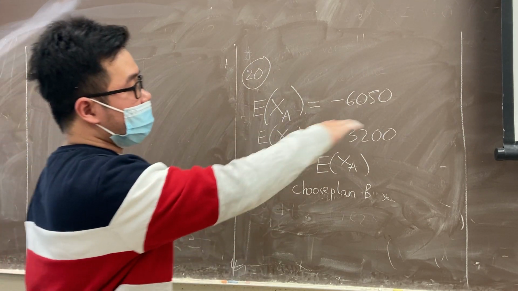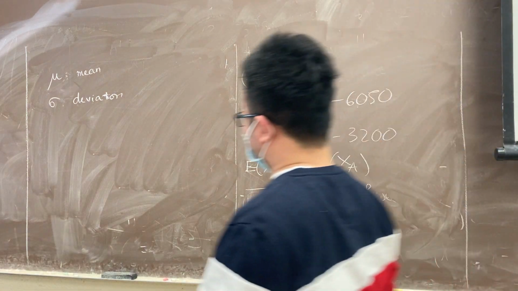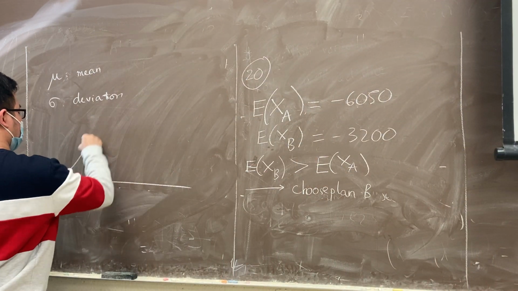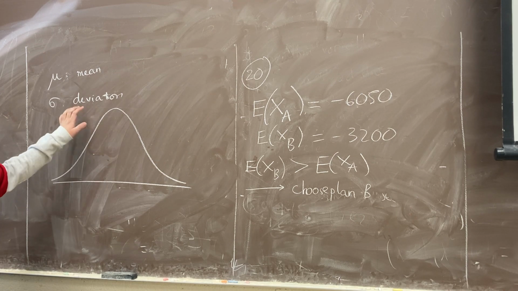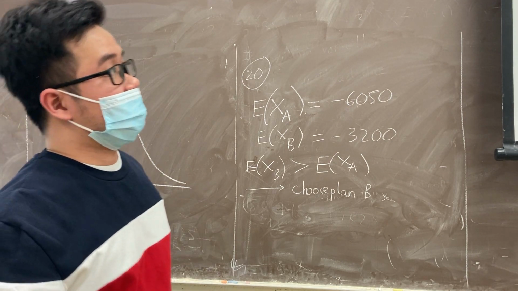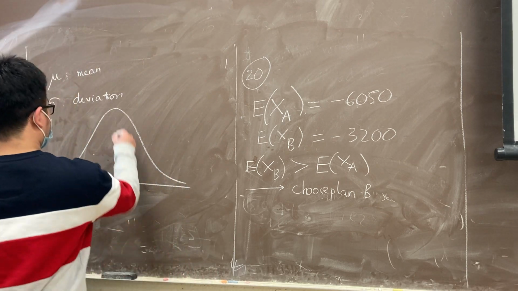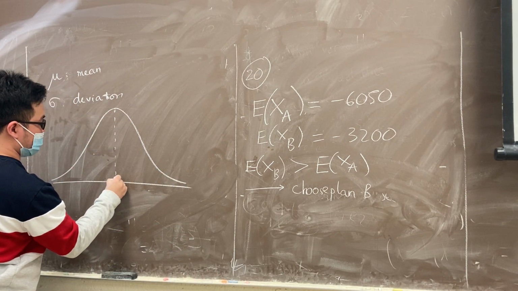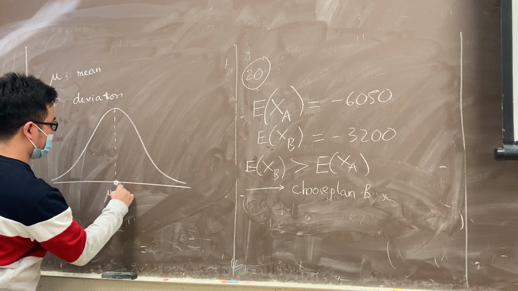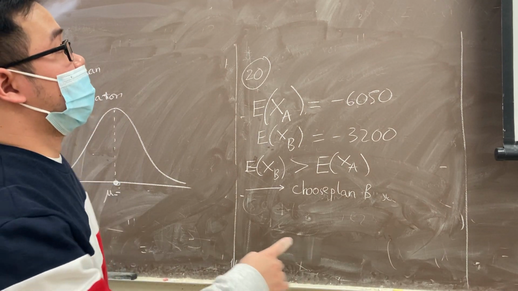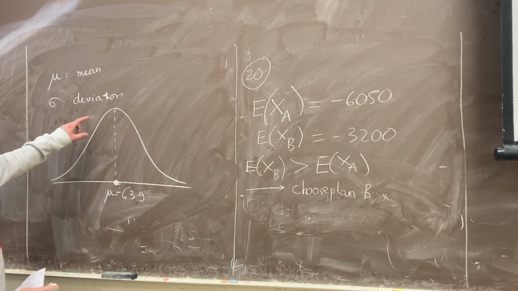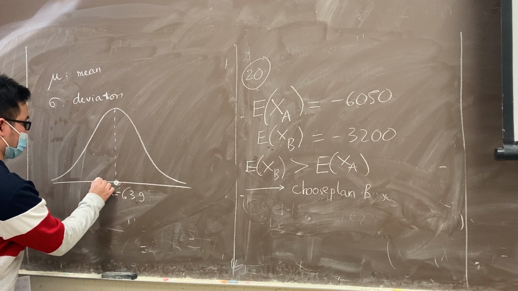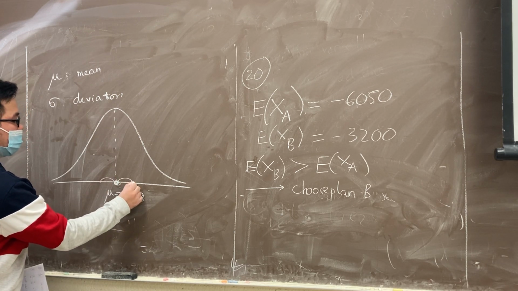And now they give you the picture for this. They ask you to determine what is the mean and what is the deviation, what is the value in this graph. So the mean is the middle point, right? So this mu here is 63.9. And the deviation is the distance from mu to another point.